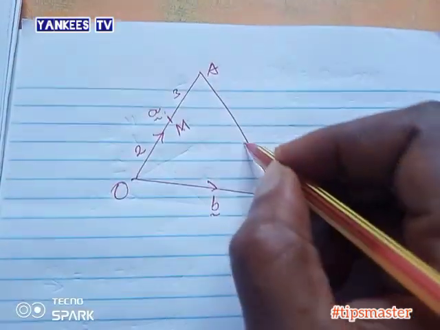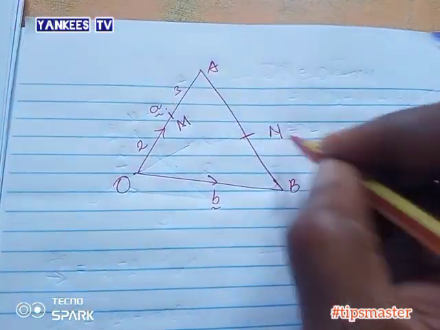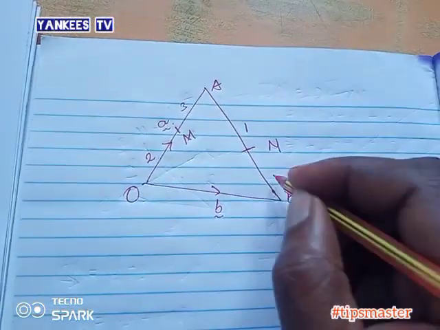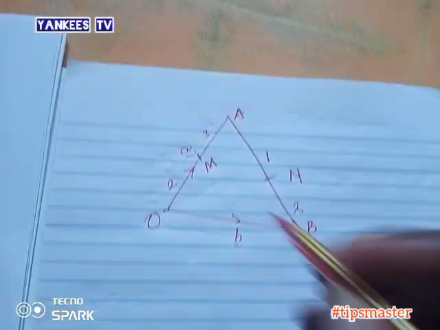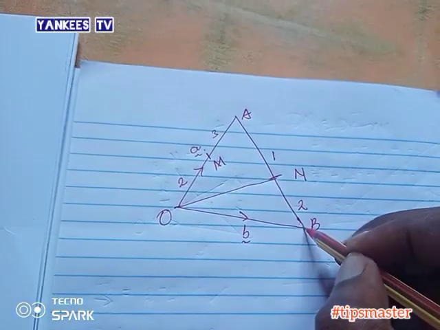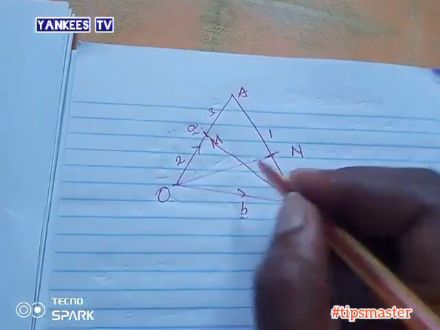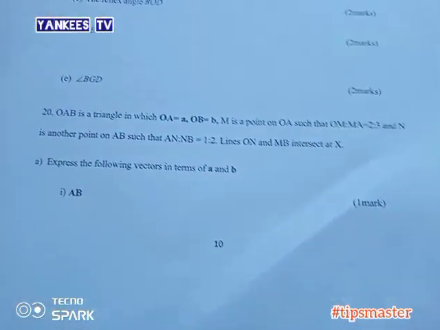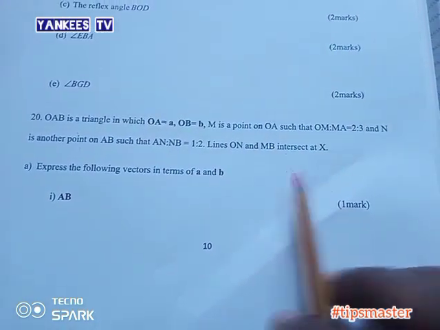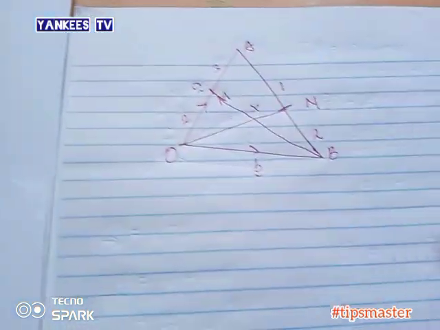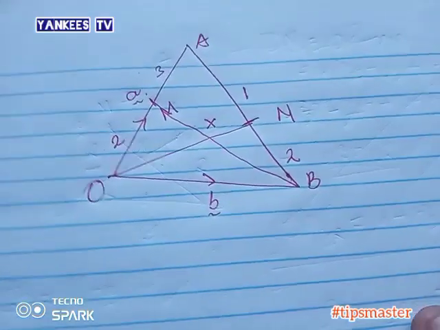So there's a point N along AB that divides it 1 to 2. If I may just draw those lines, then where do they intersect? We are told the point of intersection is X. So X is the point of intersection within our diagram.